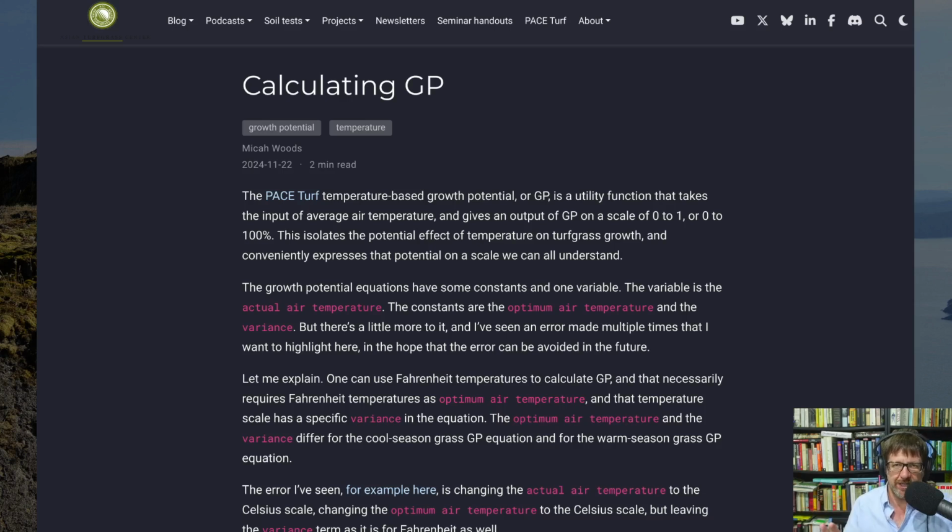The constants in the equation depend on a couple of things. The constants include the optimum air temperature. The optimum air temperature depends on whether we are adding into the equation the variable in Celsius degrees or Fahrenheit degrees.